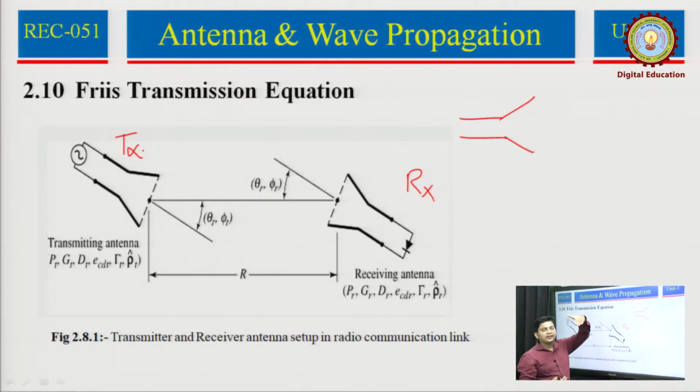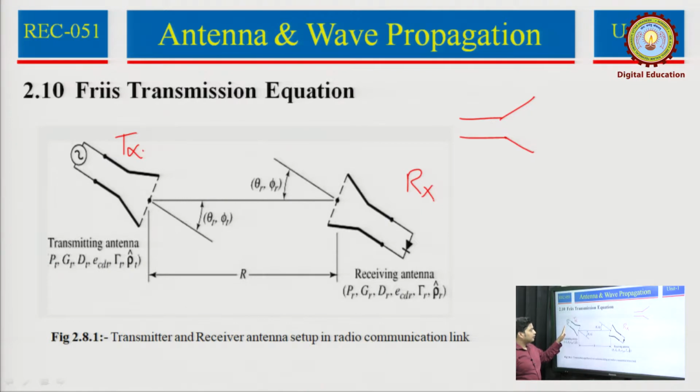If the transmitter is transmitting like this, the receiver must be aligned to this. So, there is line of sight communication for maximum power. If this is inclined like this, the receiver antenna must also be aligned like this, not like this. Otherwise, how can it intercept the radiated power? It must be aligned. So, this is the line of sight communication, LOS.